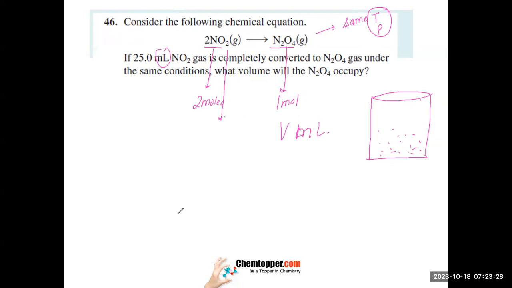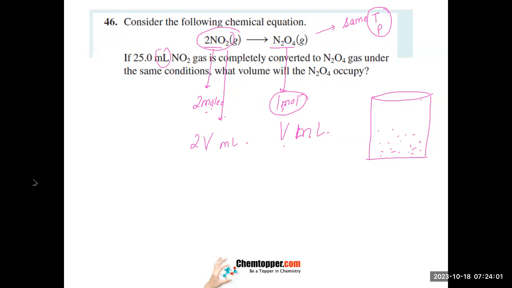Equal moles have equal volumes. But here the moles are not equal. Are they equal, Naisha? So if 1 mole is V milliliters, 2 moles will be 2V milliliters, doubled. Is it okay? So the volume of NO2 gas will be double the volume of N2O4.